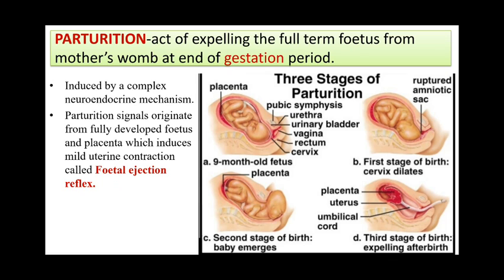One more thing, oxytocin also stimulates the placenta to secrete prostaglandins, which stimulate more contraction of the uterus. So both oxytocin from the pituitary and prostaglandin from the placenta are the two hormones that induce the contraction of the uterus.